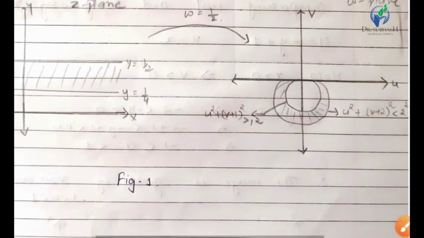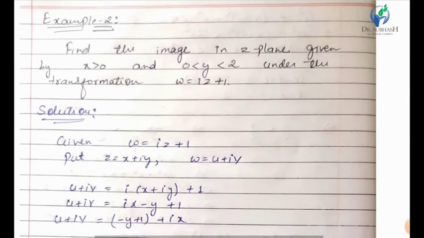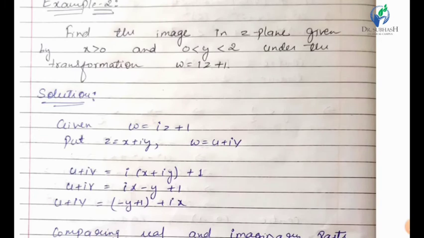This was one example. Now let us take one more example to understand it in a better way. Example 2. In the first example, our transformation was w equal to 1 upon z. You can get another transformation too, as in our question. Let us see.